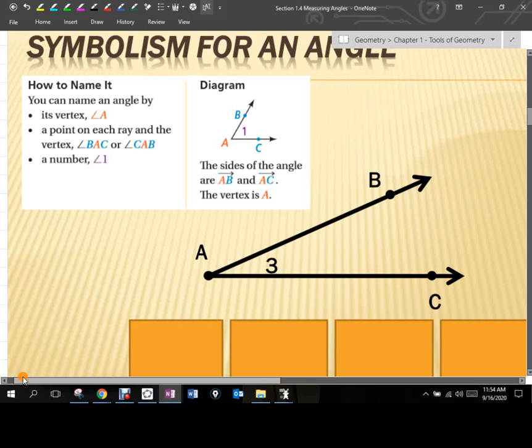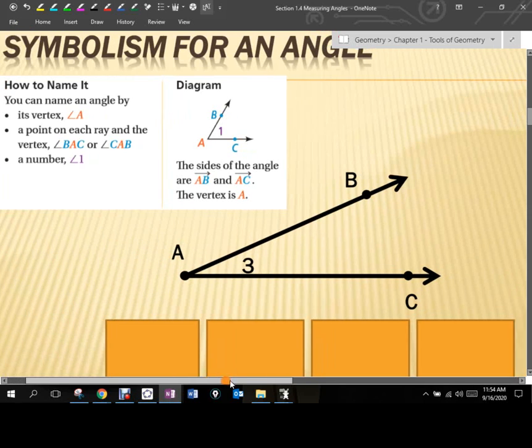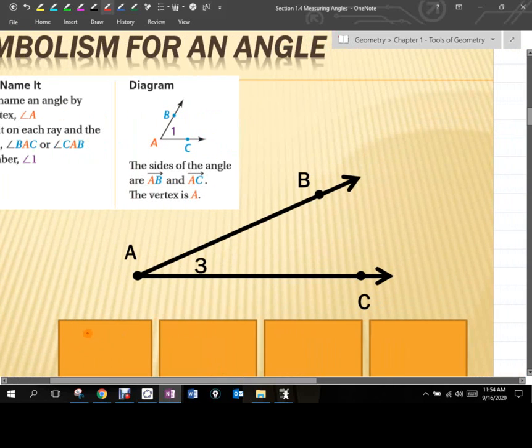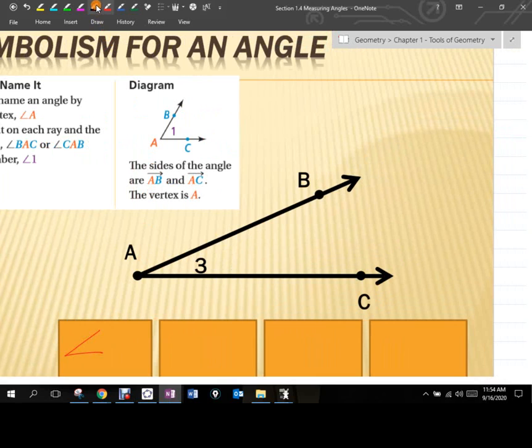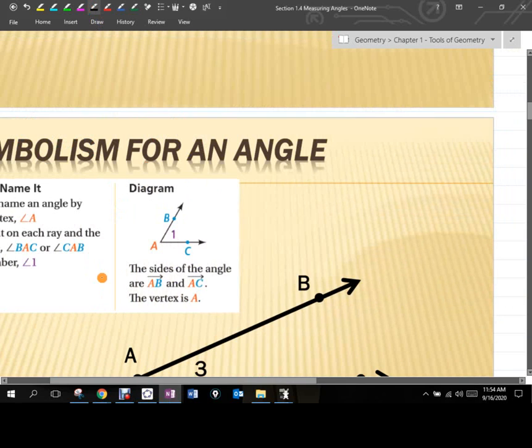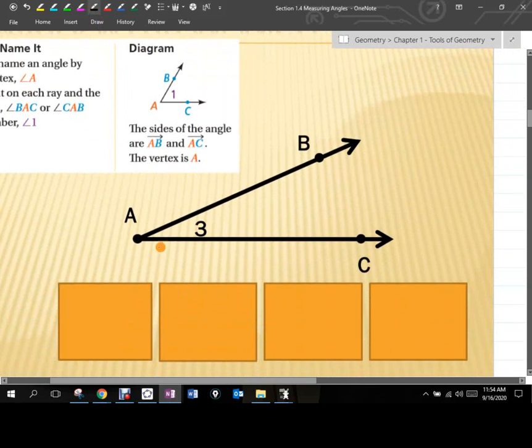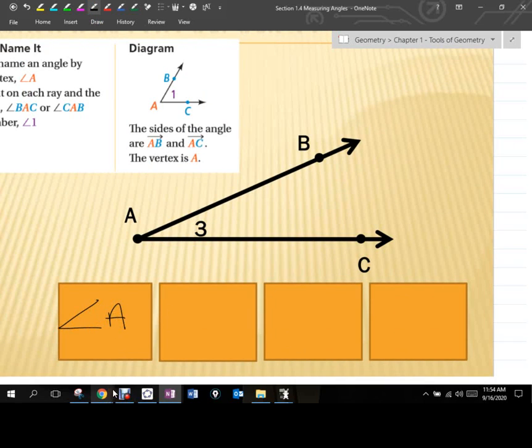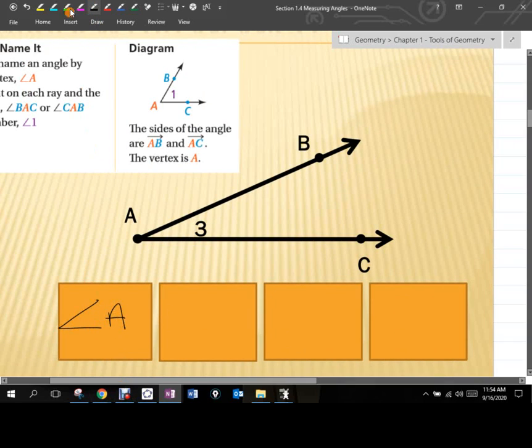Okay, so I'm going to name this angle here because its vertex is letter A. I'll just put these in these boxes down here. Angle. So we use this little symbol out front. That is an angle. Instead of writing the word angle, we use that little symbol out front and then say A. Okay.